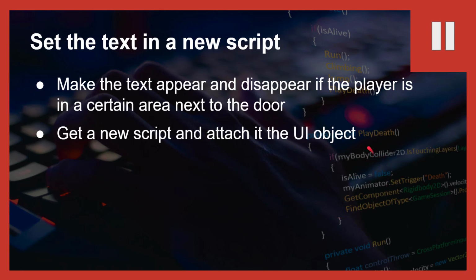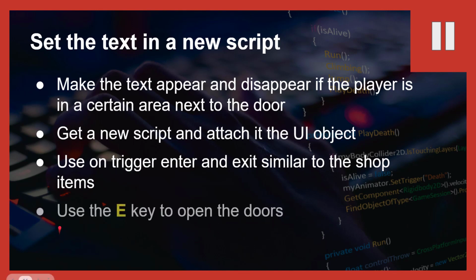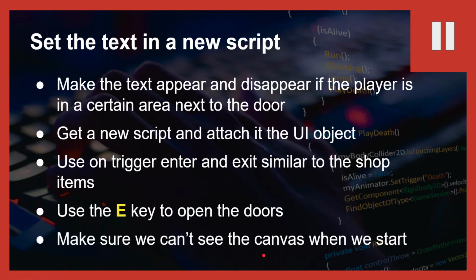Use the on-trigger enter and exit similar to the shop items. Use the E key to open the doors, and make sure we can't see the canvas when we start the game. So with that information, pause the video right now and go do the challenge.